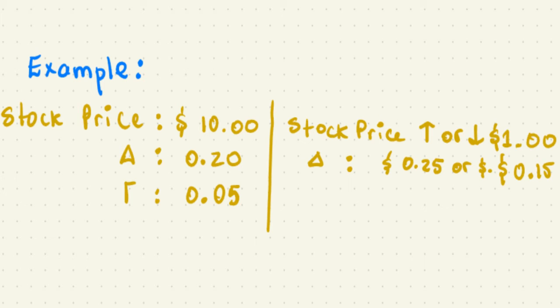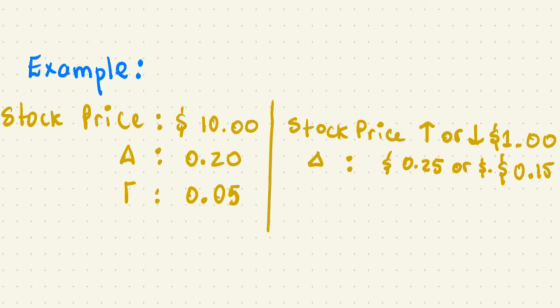So in the end, every time the stock price moves $1 up or down, we will have a 0.05 change in our delta. Let's say, for example, our stock price goes up by $1. Our delta will increase by 0.05, which will increase our option by 25 cents since our delta is now 0.25. And the same thing if the stock price goes down $1.